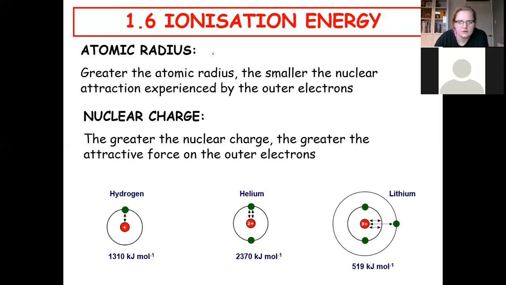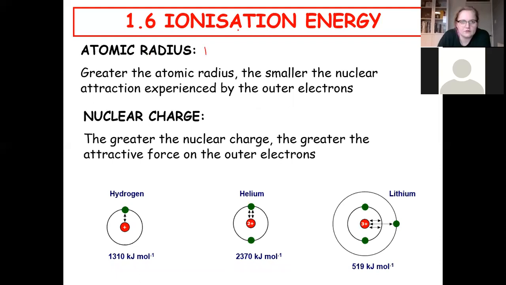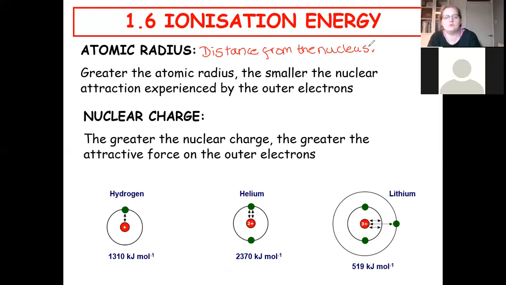Atomic radius, I'm just going to write distance from the nucleus. And again, quite regularly actually, one textbook will categorize this as just being distance from a nucleus, and another textbook calls it atomic radius, and it's all the same thing.